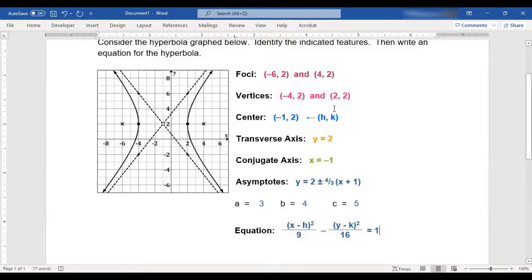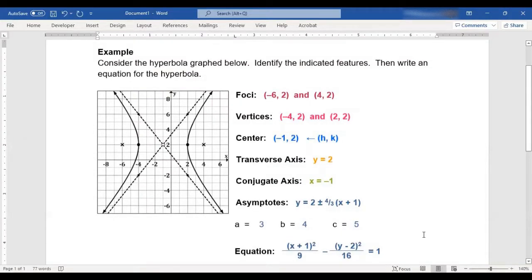And then h and k, as we mentioned before, are going to come from the center. So h was -1 and k was 2. So x minus -1 is going to be x plus 1. And y minus 2 is just going to be that, y minus 2. All right, so there we go. That's our equation for our hyperbola.